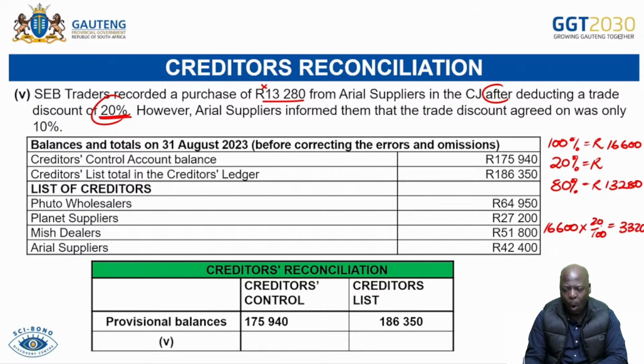And we know that that discount was subtracted. Okay, 3,320. But now we realize that the amount that was subtracted, which is 3,320, is not the right amount. It should have been 10% that was subtracted. But how much was supposed to be subtracted anyway? So we take again the 16,600, the amount before any discount, and get our 10%.